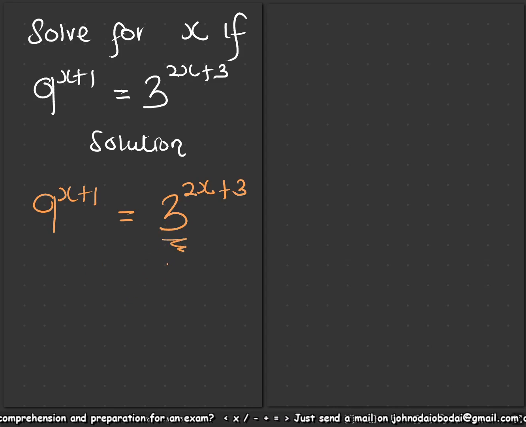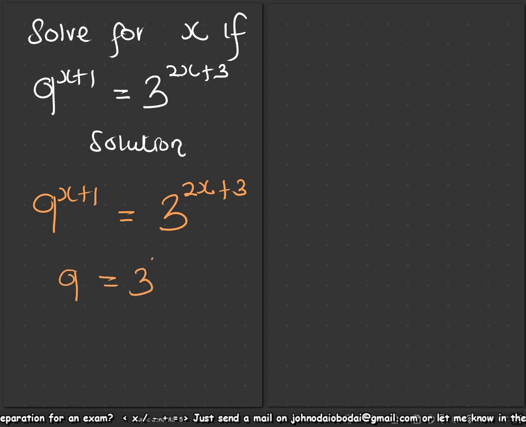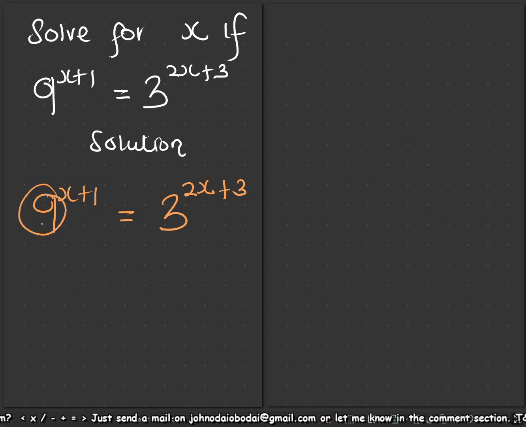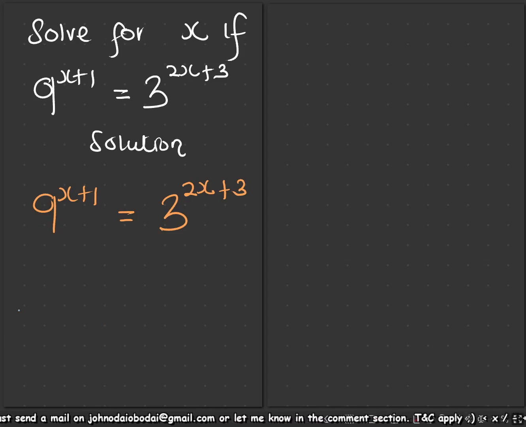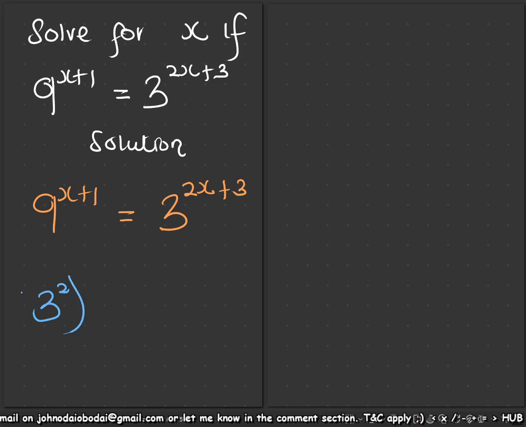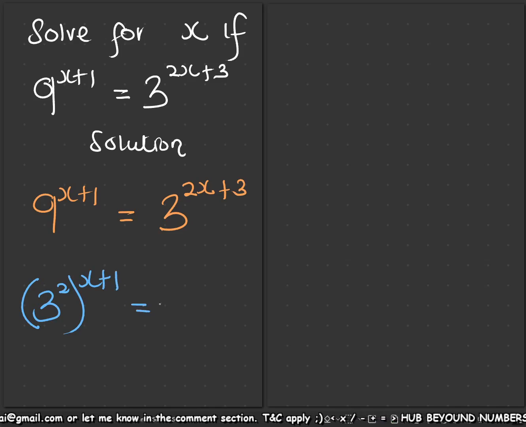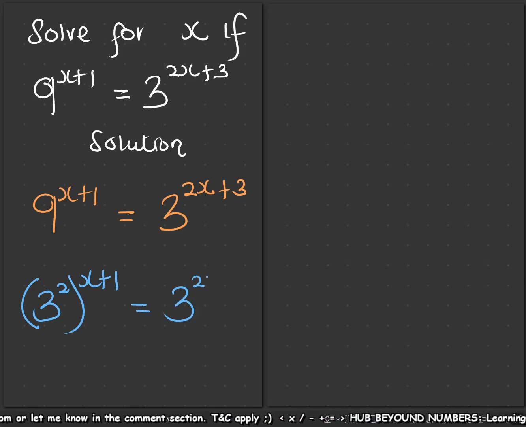Moreover, this here is already 3. But we know our 9 is equal to 3 squared. Hence, instead of our 9 here, we write it as 3 squared. So 9 raised to the power x plus 1 is equal to 3 raised to the power 2x plus 3.